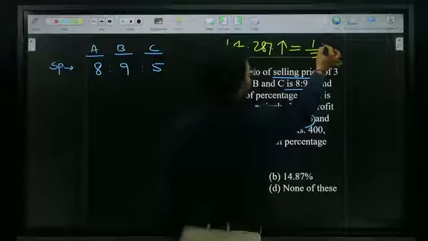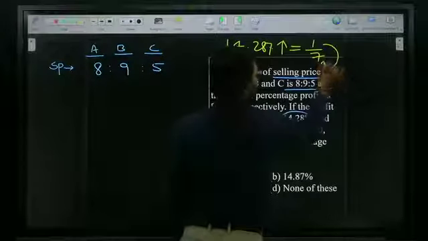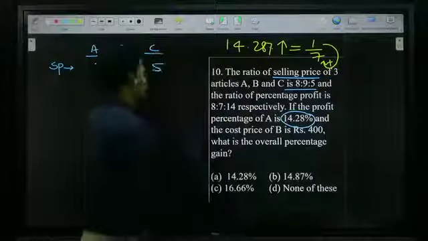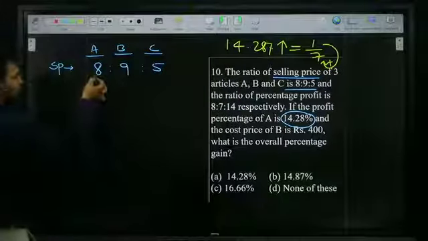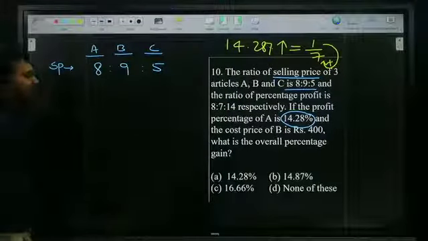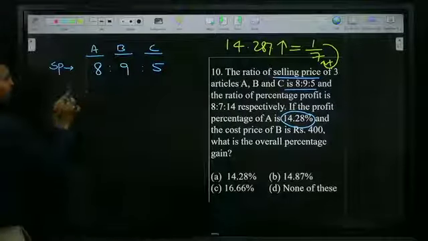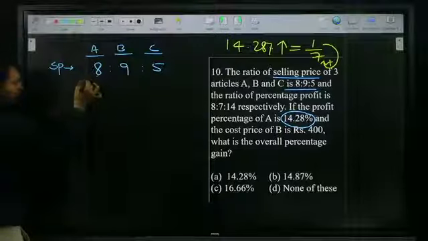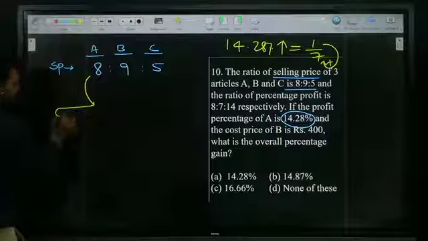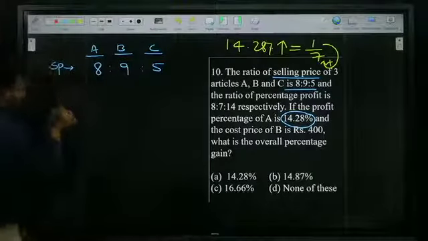So profit is 1 by 7: numerator is added to denominator, so 1 by 8. Out of 8 parts, one part is profit and the remaining 7 parts is cost price. Therefore, I need the cost prices ratio.